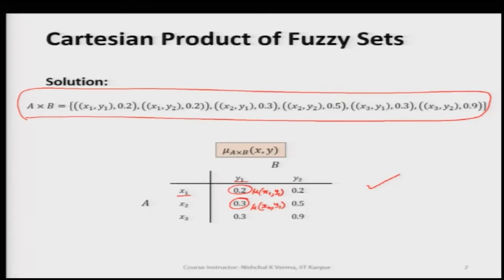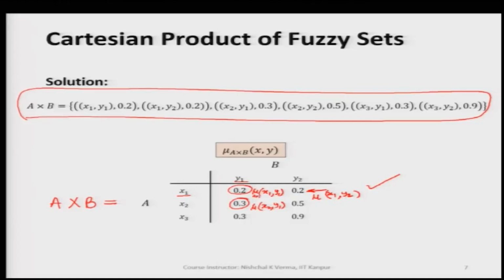Like that, all the values are represented here, and this is nothing but the Cartesian product of A and B, that is A cross B. So, this is very easy to represent. And similarly, here also we have x1, y2, and this is corresponding to mu of x1 y2.